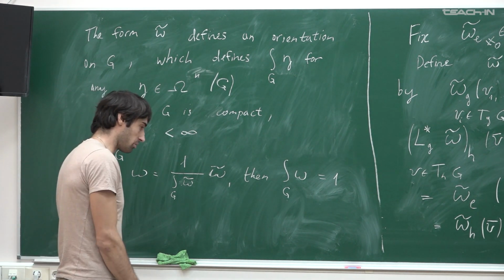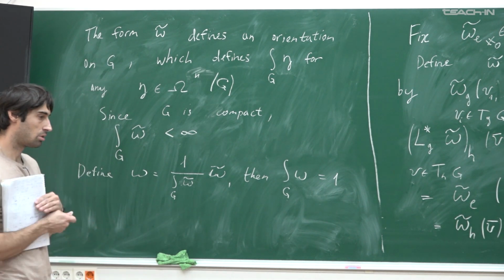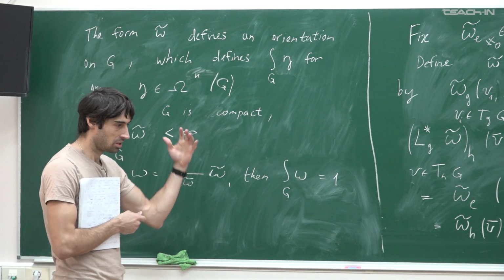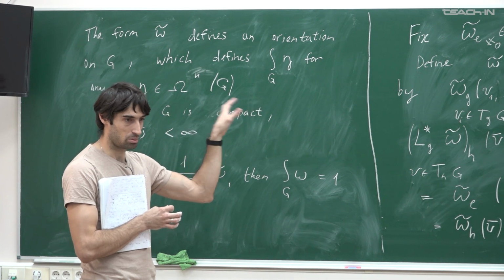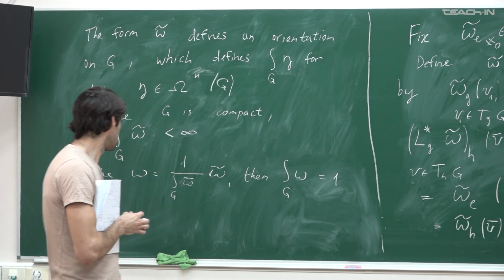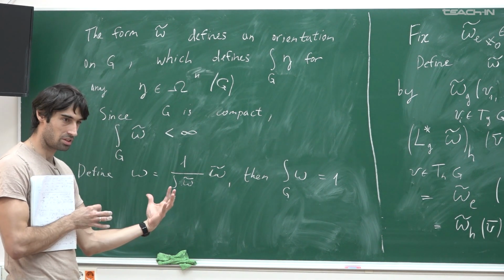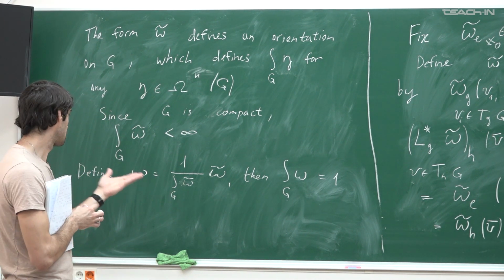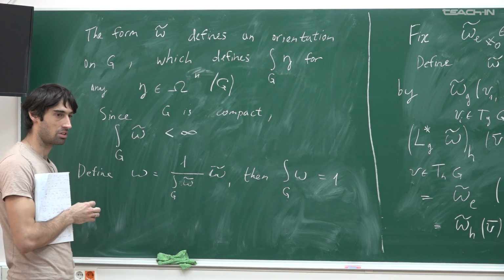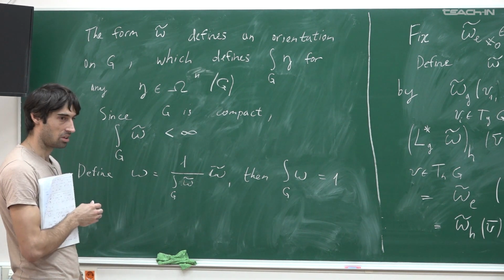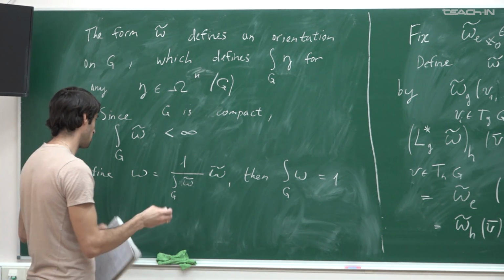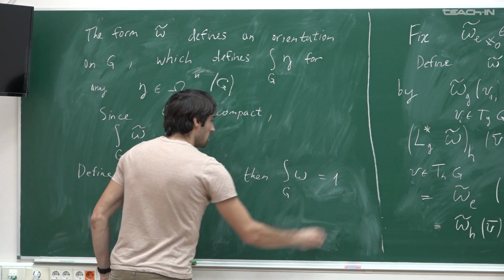So you kind of need to recall what was going on. You put your charts, and every chart is just dx of something, and then you take a partition of unity, and this gives you the integral here. But in every chart it's just a positive number.